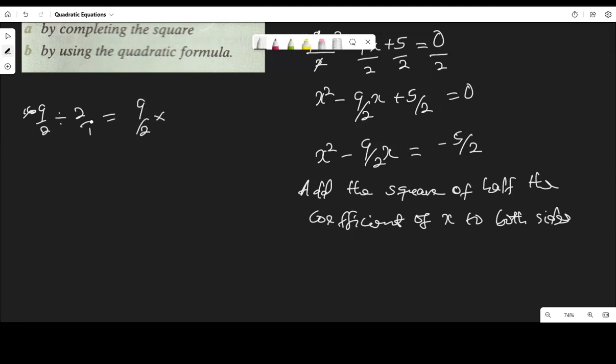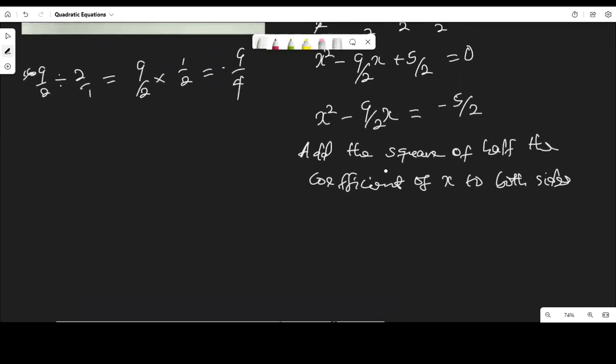Then we multiply by the reciprocal of this fraction. The reciprocal of 2 over 1 is 1 over 2, which is 9 times 1 is 9 over 4. So the half of the coefficient of x here is 9 over 4. We are going to add the square of half of it to both sides.